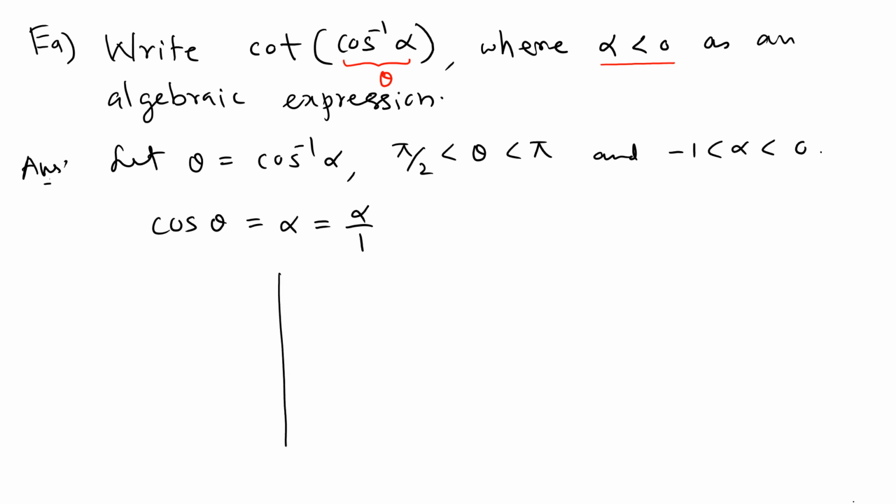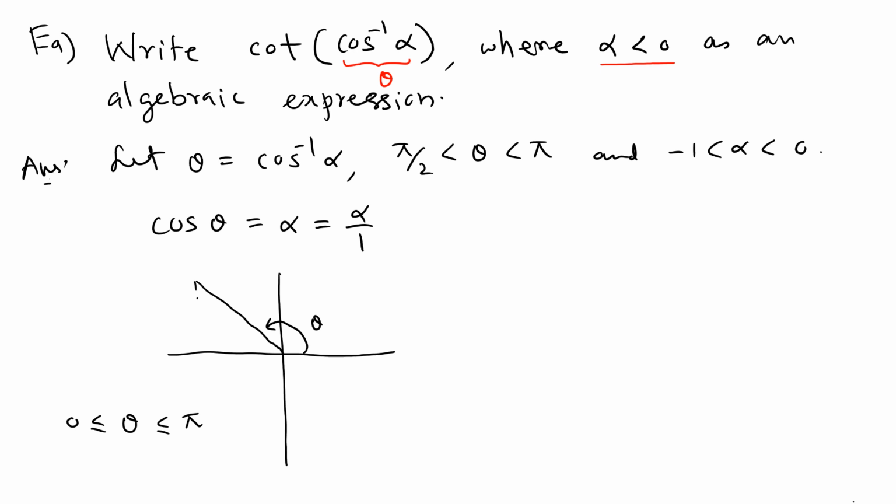We draw an angle in the second quadrant because you get a negative value. By the range of the inverse function, we know that theta has to be between 0 and pi. That's why this angle has to be in the second quadrant. Good, so that's the angle theta.